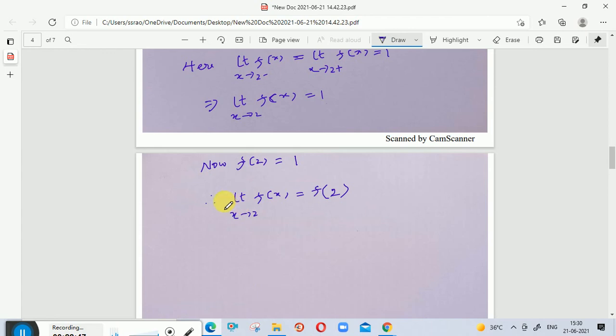Okay, finally we have limit of f of x as x tends to 2 is equal to f of 2. That implies f is continuous at x is equal to 2. Okay, this is the solution of our problem.